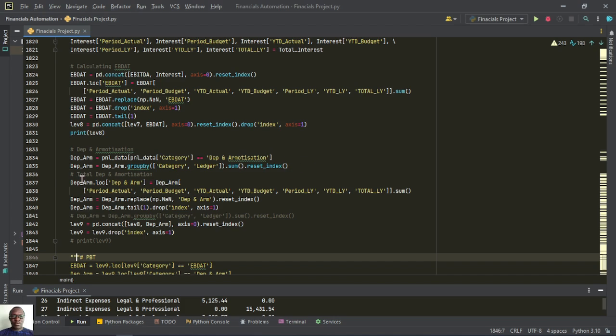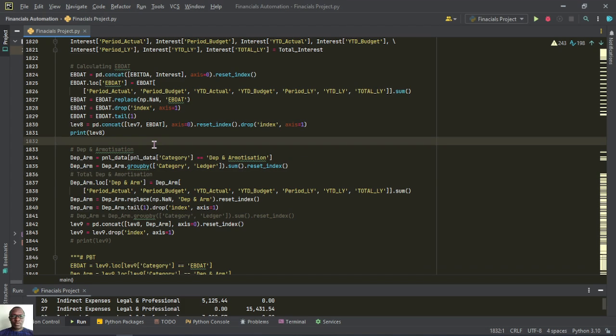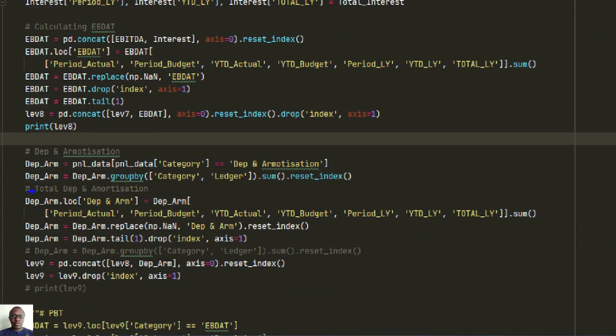Then again, down here we have total depreciation. So we have total depreciation, and we are saying that dep_amortization.loc in square brackets dep and amortization is equal to dep_amortization.